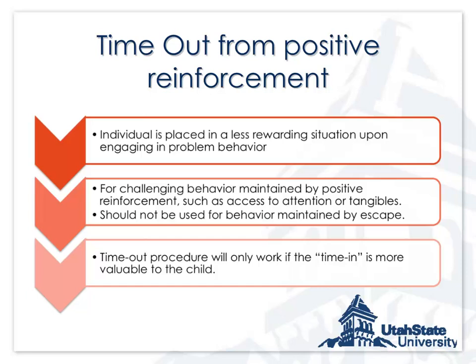Timeout from positive reinforcement is effective for behavior maintained by positive reinforcement, such as access to attention or tangibles. Timeout should not be used for behavior maintained by escape, as it is likely to reinforce that behavior. One consideration is that timeout from positive reinforcement will only work if the activities or situations the individual is being removed from are actually valuable to that individual.